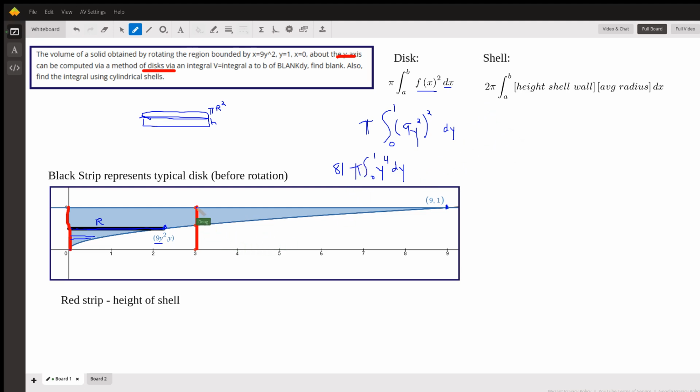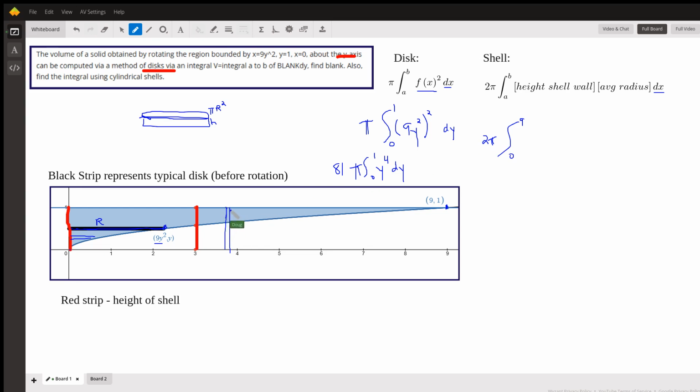If you're going to use the shell method, this red strip represents a typical shell wall, and the formula that you have to use is 2 pi times the definite integral. In this case, I put dx here. You could use a shell method along the y-axis also, but in this case, our typical shell walls are going to be occurring from 0 all the way out to 9. But the question is, what is the height of this shell?